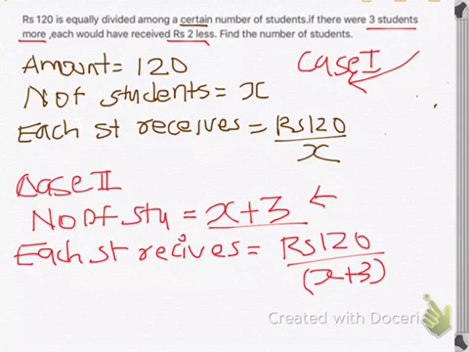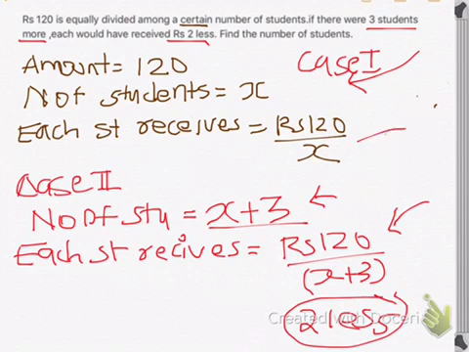Now, according to our question, each student in the second case receives 2 less than the student in case 1. So this is the lower amount, and this is the higher amount.